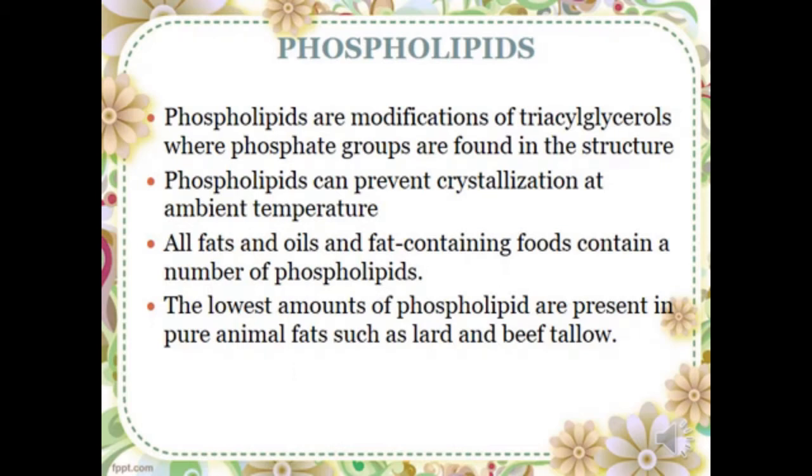Similarly, phospholipid has phosphate in the lipid, so the non-lipid component is phosphate. The advantage of phospholipids is that they can prevent crystallization at ambient temperature due to their polar characteristic. When it's polar, it will prevent crystallization, especially when applied to food products.